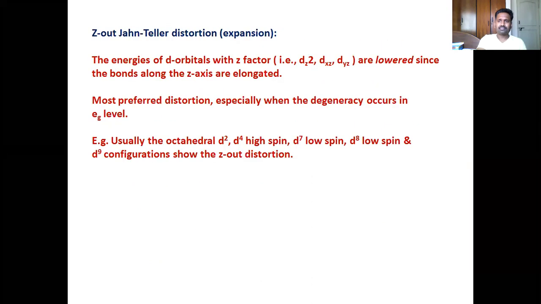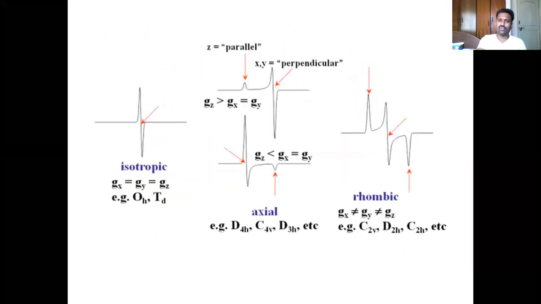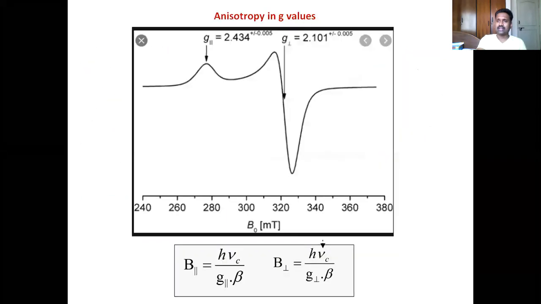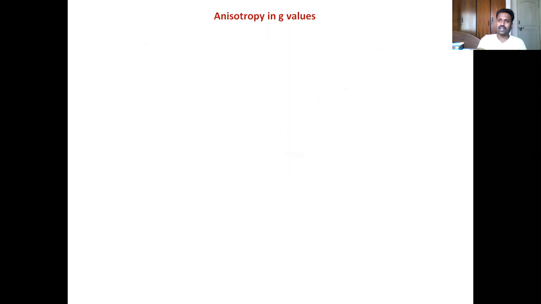So these are all the factors which influence the G values as well as the number of Gs you get in a spectrum. To quickly summarize, the first one was the oxidation state, the extent of contribution from the orbital angular momentum, which depends on your spectroscopic term symbols, and then anisotropy in the G values. The factors which contribute to anisotropy: one is the distortion in the symmetry.